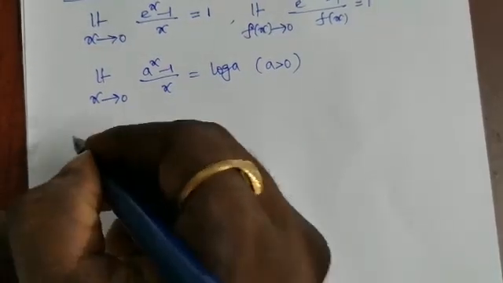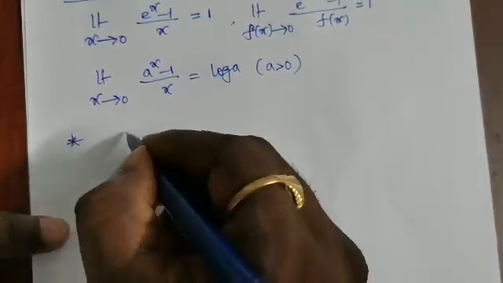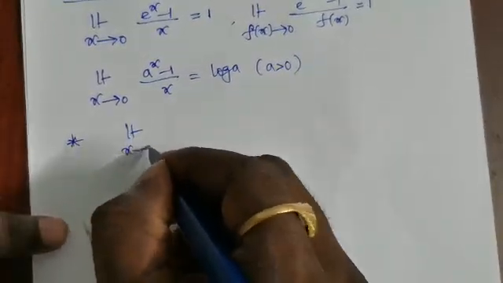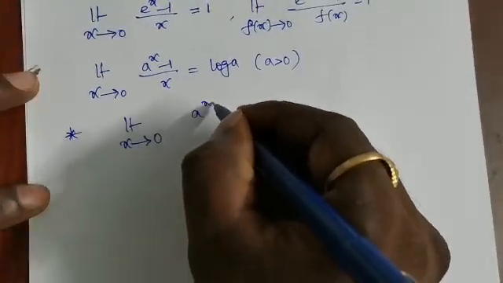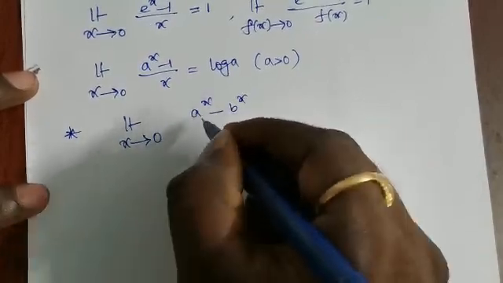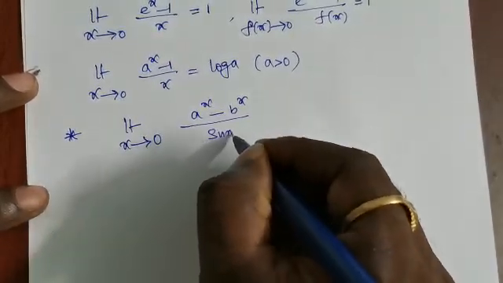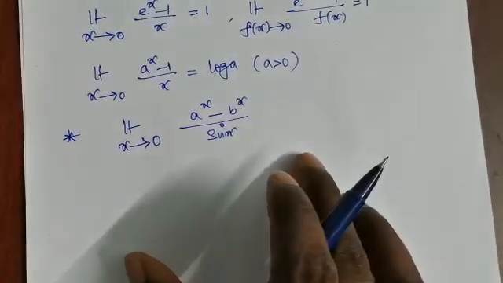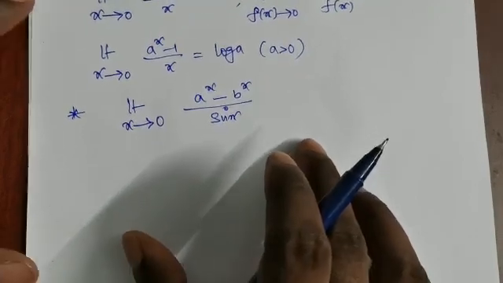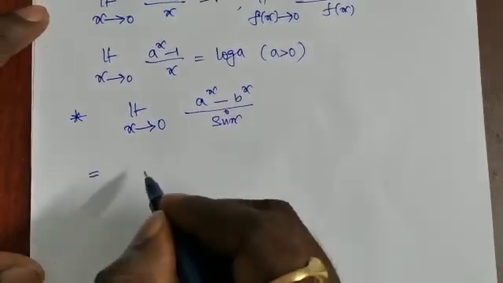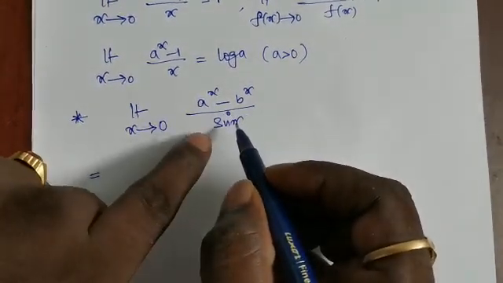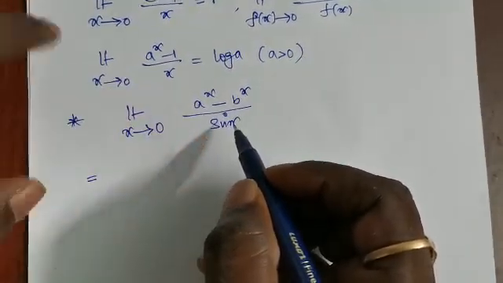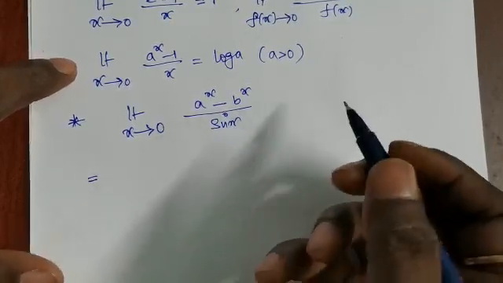Okay, now solve one problem, that is limit x tends to 0, a power x minus b power x by sin x. Okay, now we can solve this problem by using these formulas or by L'Hopital rule.